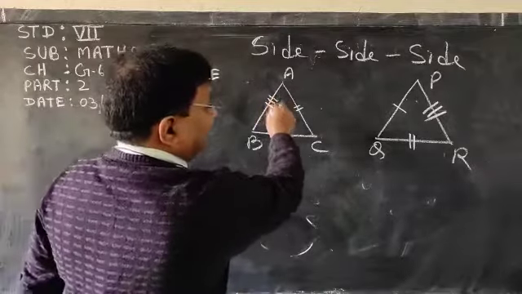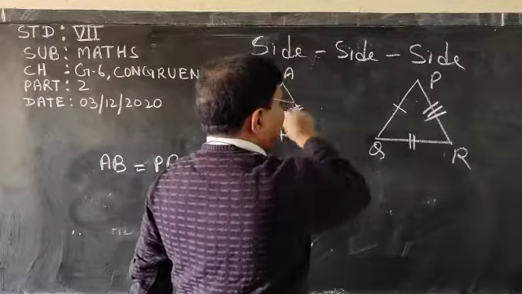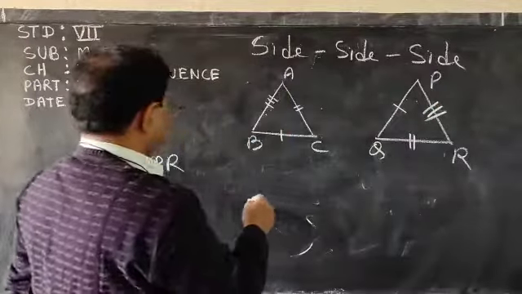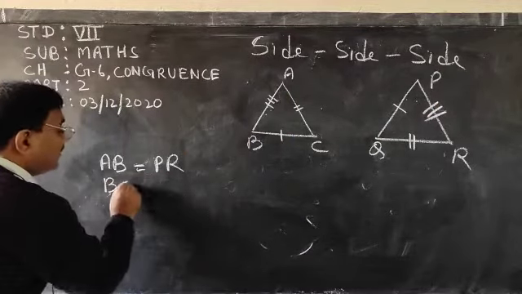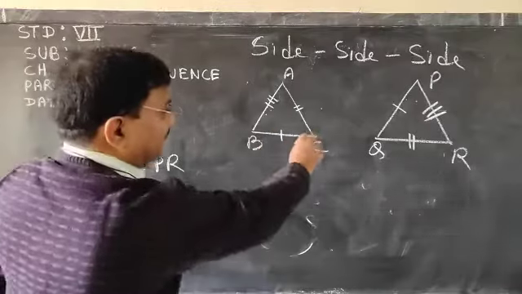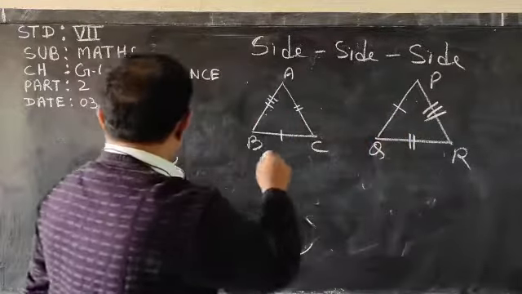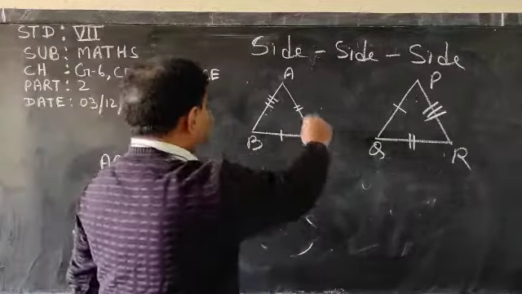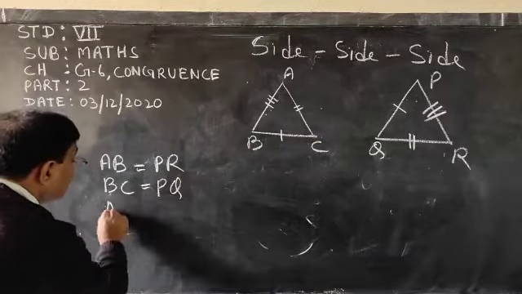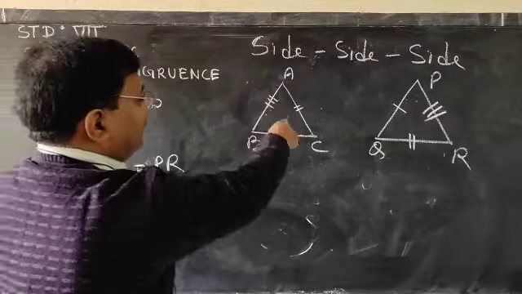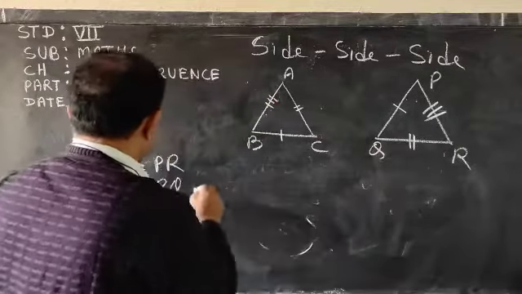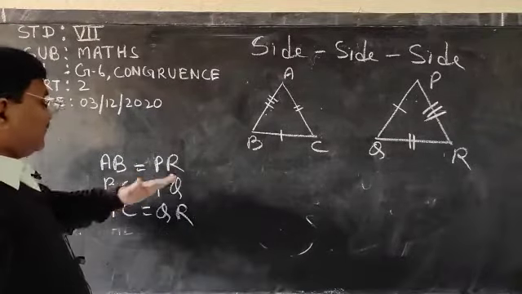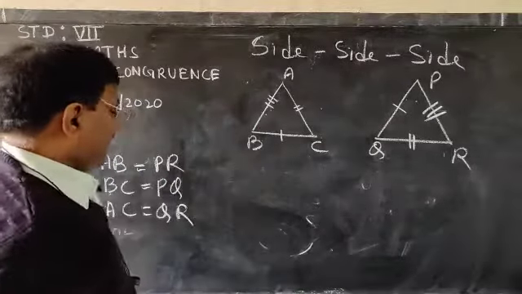See this 3 dash. AB is equal to PR, meaning put AB over PR. BC with a single dash is equal to PQ. And AC with a double dash is equal to QR. This is the way you will write. These sides are equal.